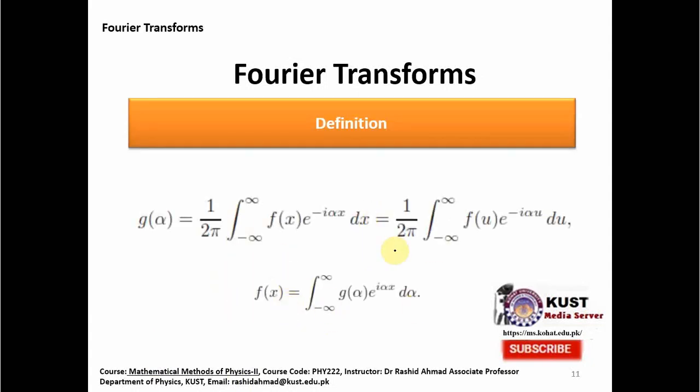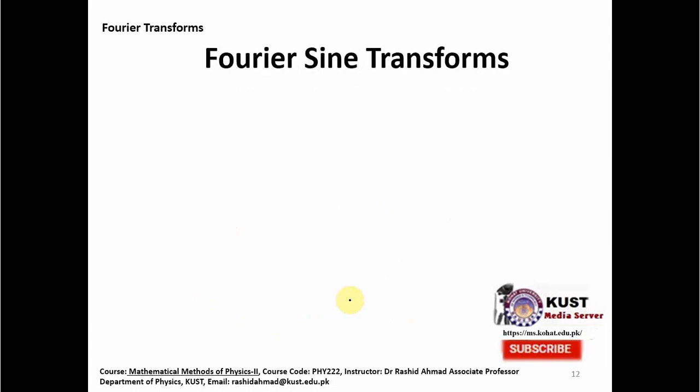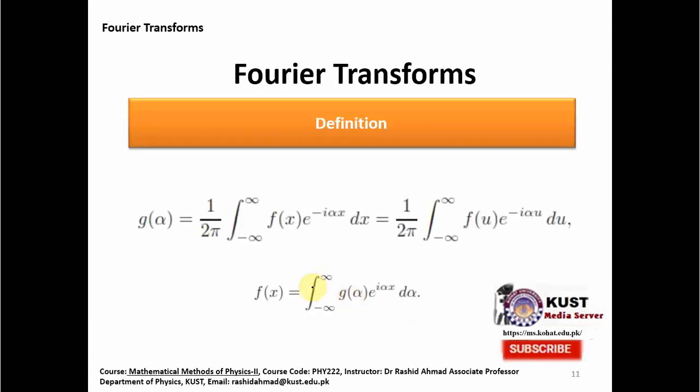And in a short way, it was a convincing proof that we have written the Fourier transform correctly. Okay, so this was the Fourier transform.